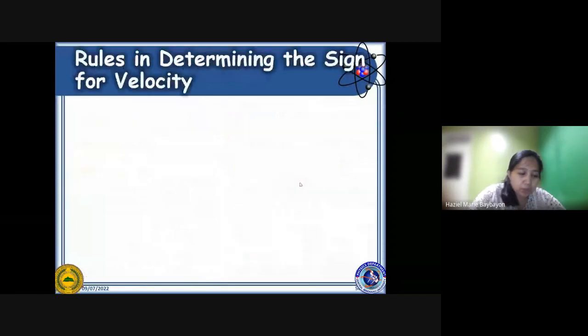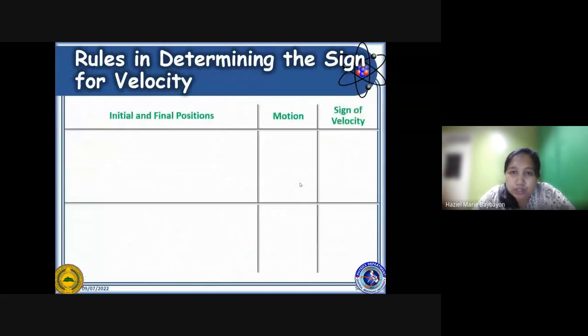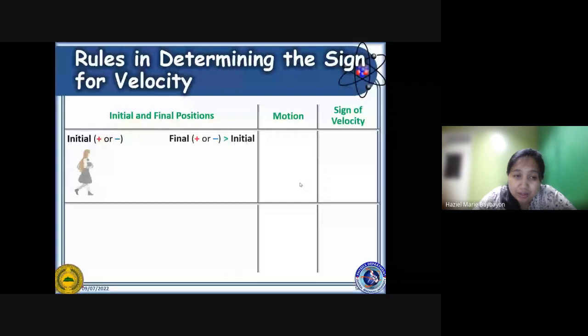Okay, now, here are the rules in determining the sign for velocity. We have to take note of this.